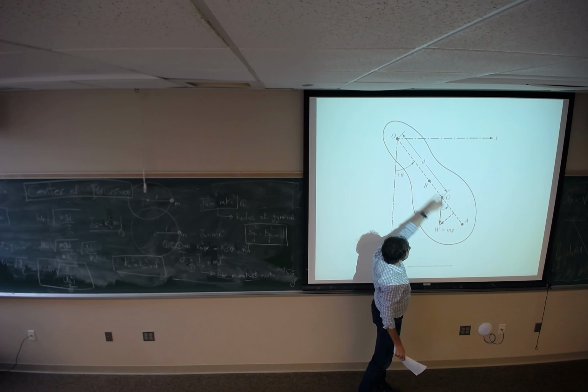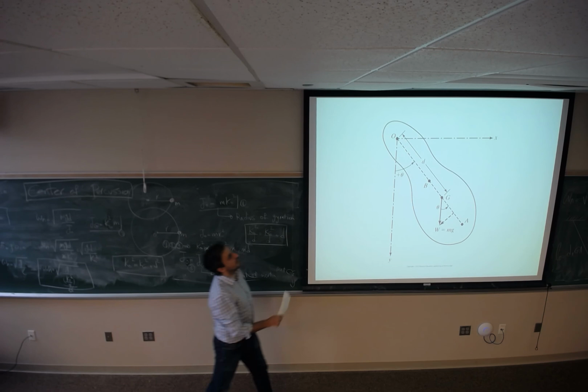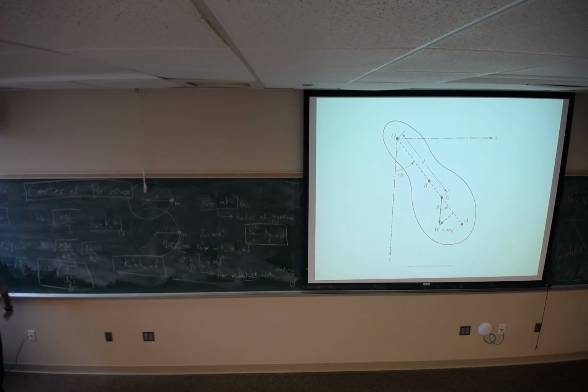You can replace them. You can put the center of rotation here, and the center of percussion is going to be at point O. So we can prove that. Good? Any question about this?